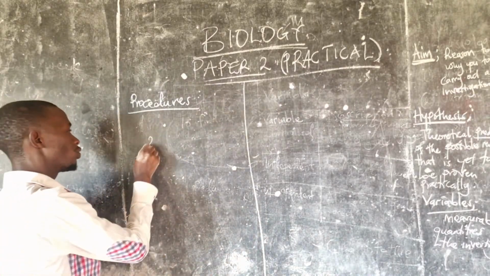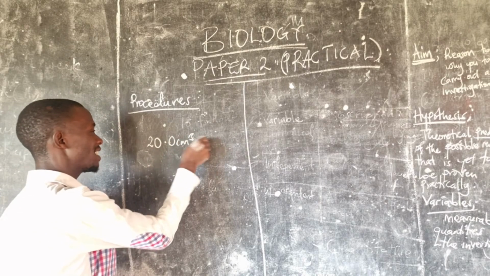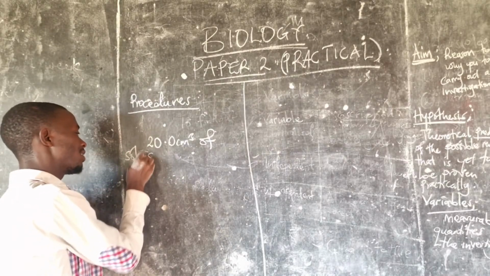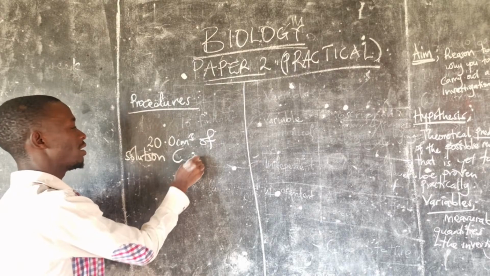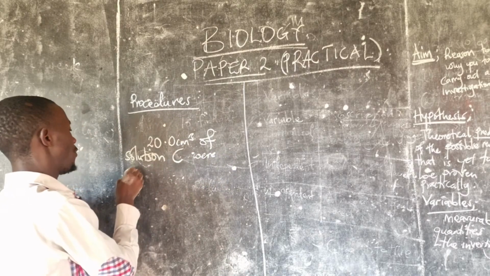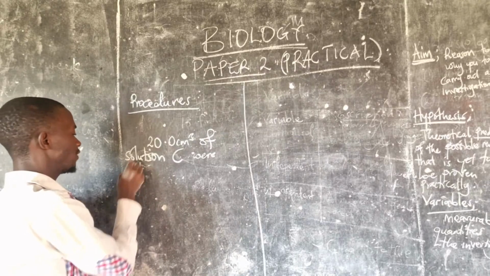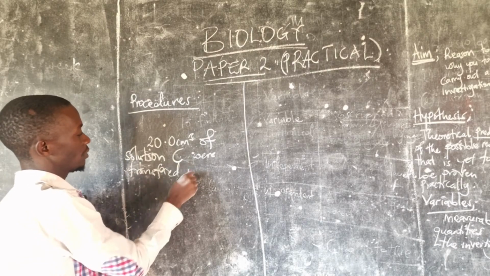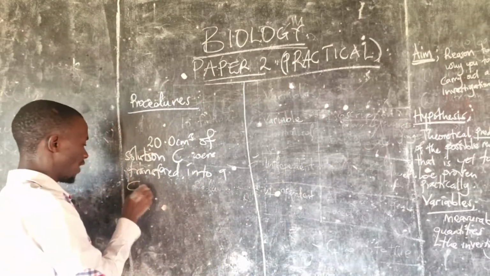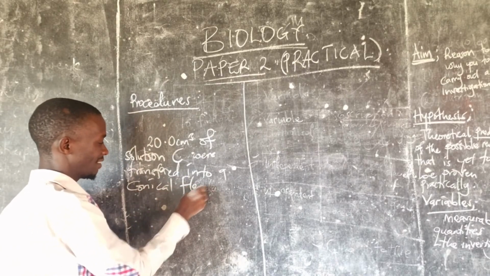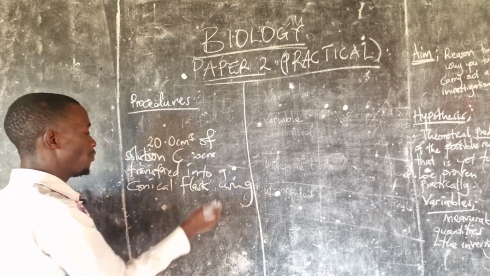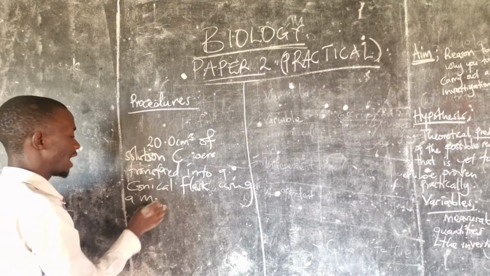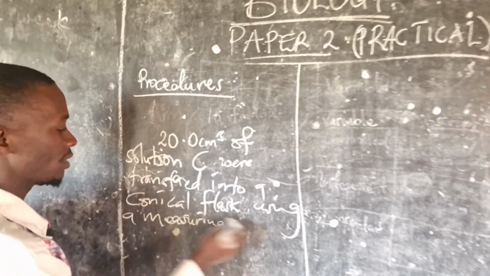For example, 20.0 cubic centimeters of solution, let's say of solution C, were transferred into a conical flask, bringing the apparatus used to measure this volume, for example, using a measuring cylinder.